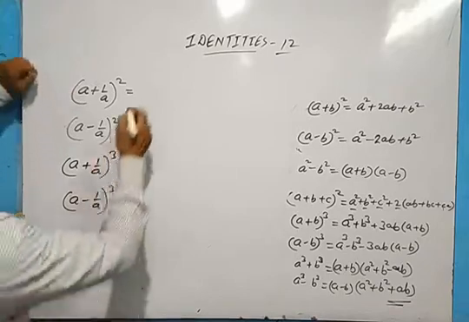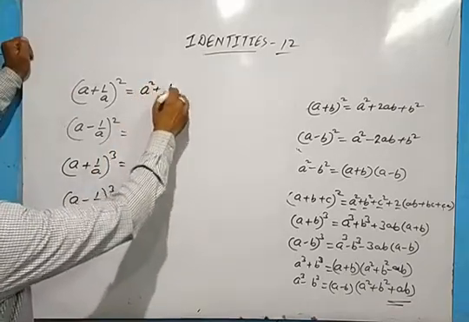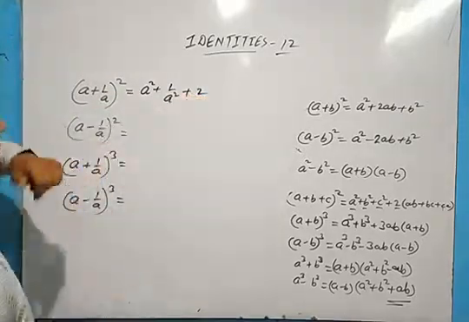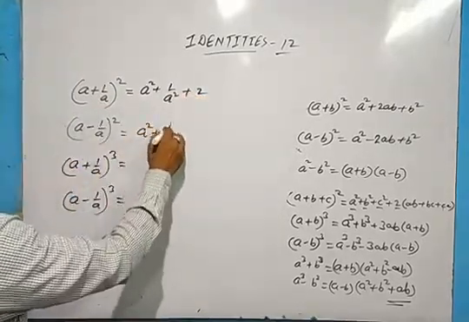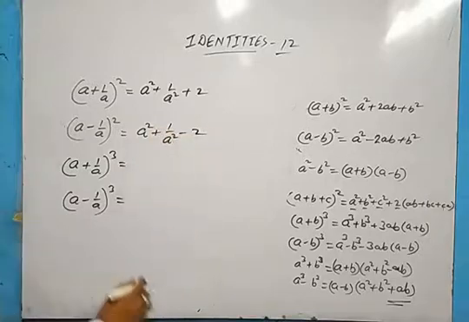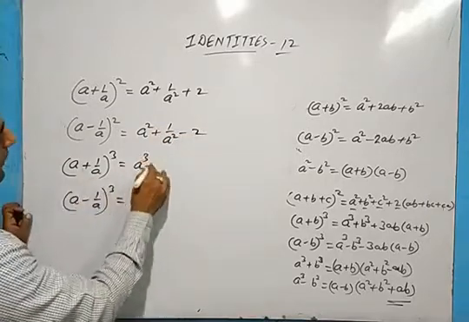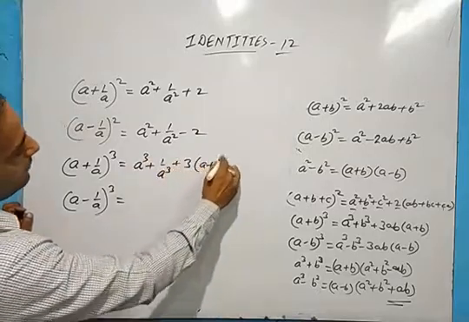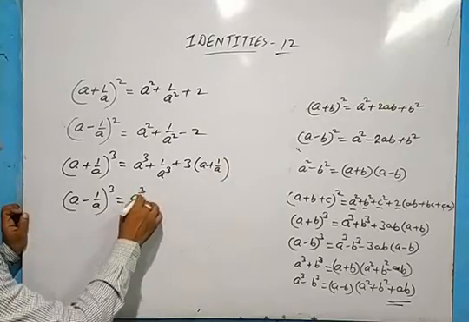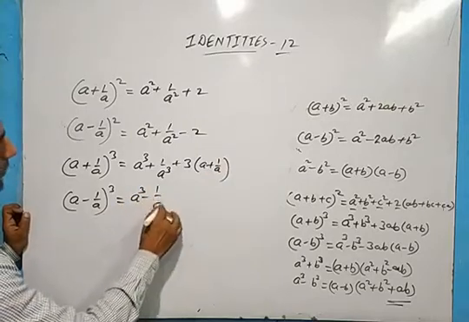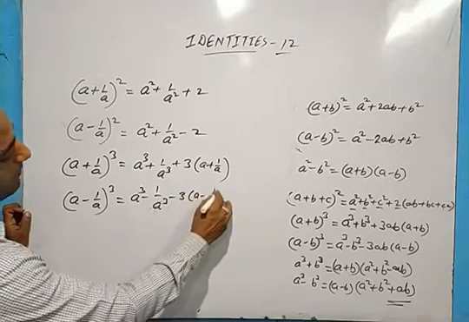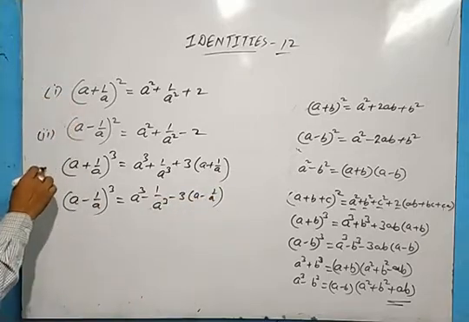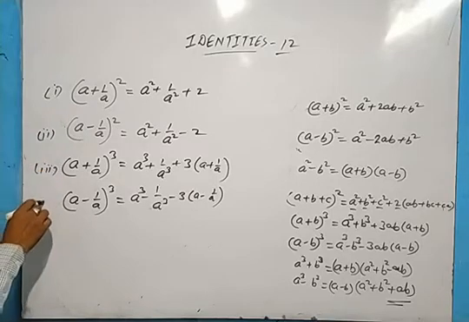Formula for (a + 1/a) whole square is a square plus 1/a square plus 2, because a into 1/a will be cancelled. (a - 1/a) whole square is a square plus 1/a square minus 2. This will be a cube plus 1/a cube plus 3 into (a + 1/a). And this will be a cube minus 1/a cube minus 3 into (a - 1/a). These four formulas we will directly use in the questions of the exercises. Okay, please remember them.